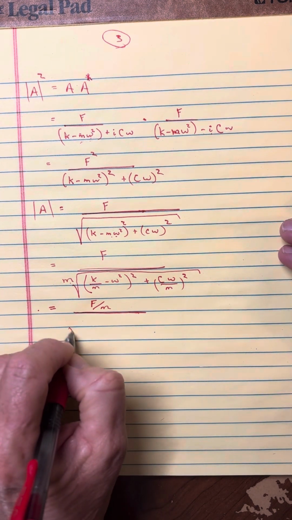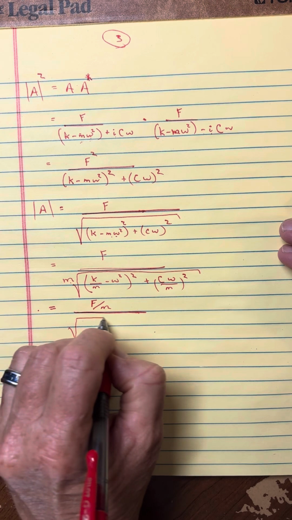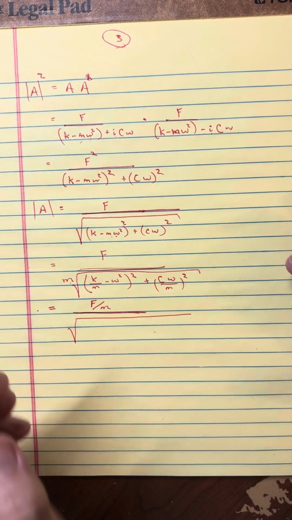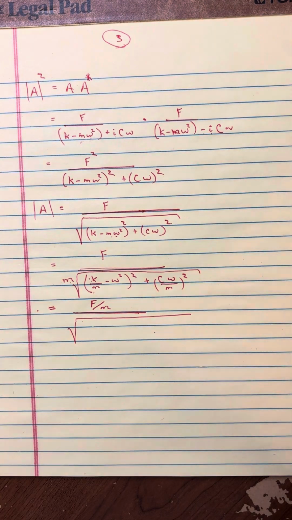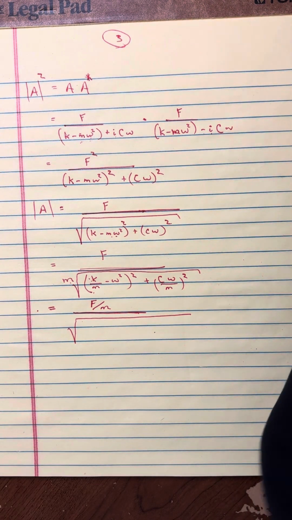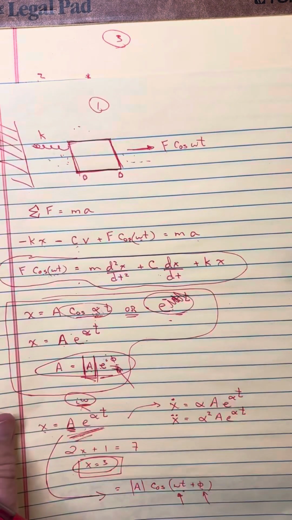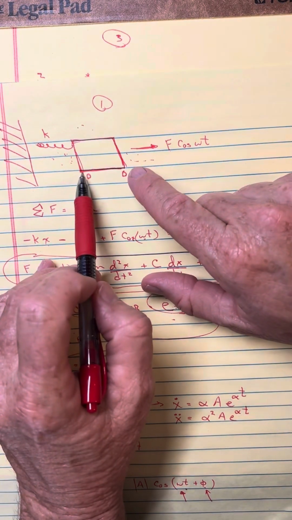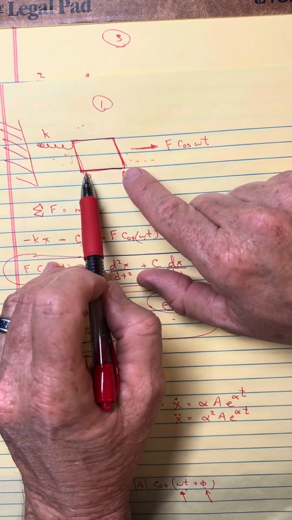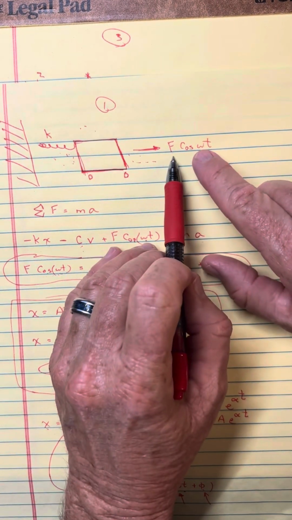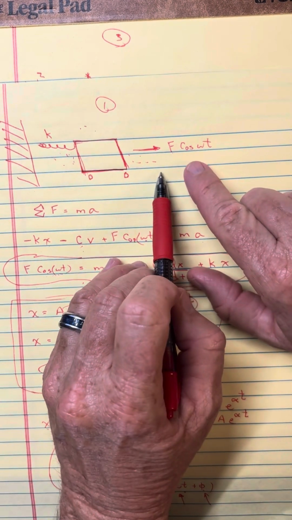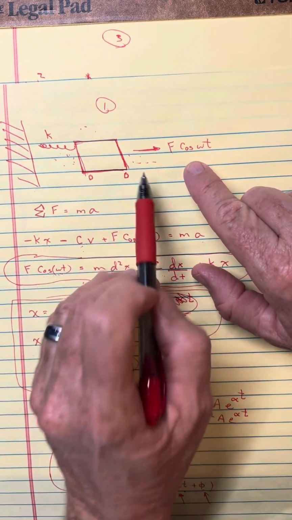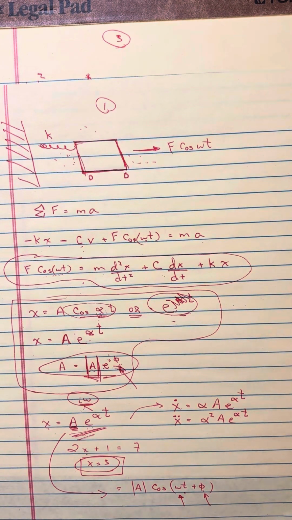But the other thing about writing it this way that's nice is K over M is what we call the natural frequency. This is the frequency you would get if I had just taken a cart with no external force and no damping, and I just pulled it and let it go. And so it's only the spring.